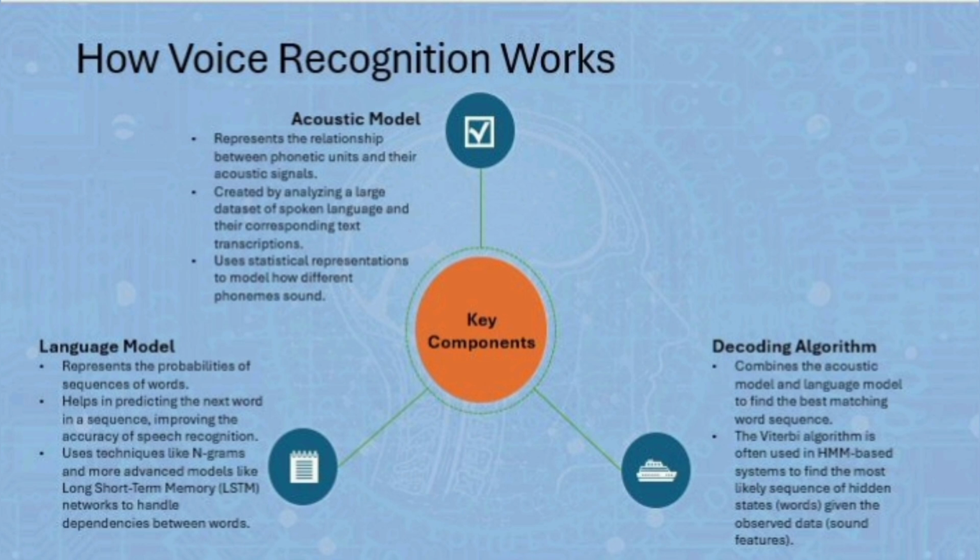The next key component is the language model. It represents the probabilities of sequences of words. This helps in predicting the next word in a sequence, improving the accuracy of speech recognition. It also uses techniques like n-grams and more advanced models like long short-term memory networks to handle dependencies between words.